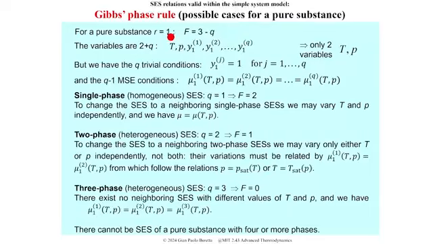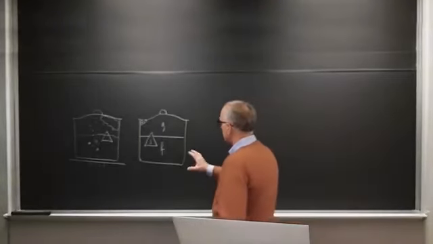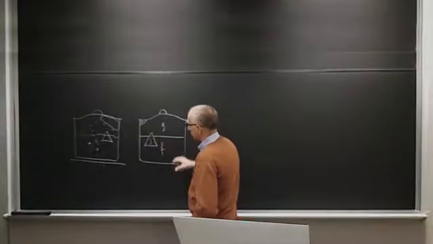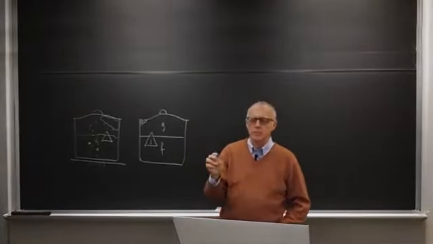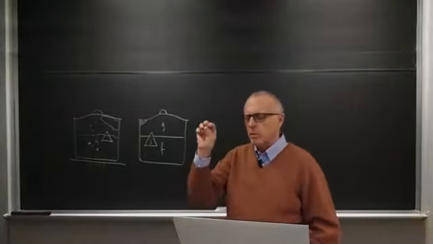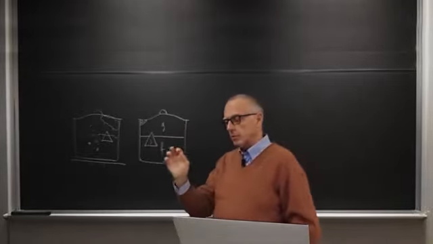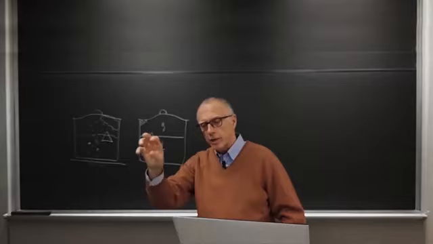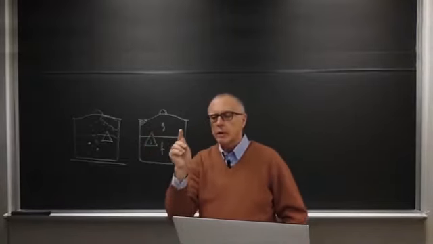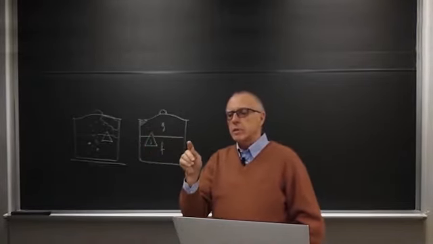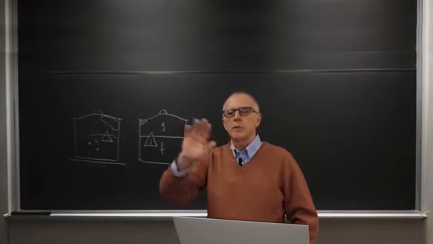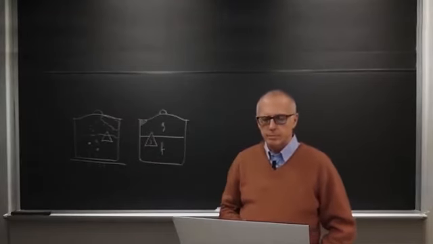So for example, if I have a single phase, now, single phase means that it's all water, for example, homogeneous. It means that at every point in my stable equilibrium state, no matter where I go and make my little partition, I will find an intensive state that is equal to everywhere else.